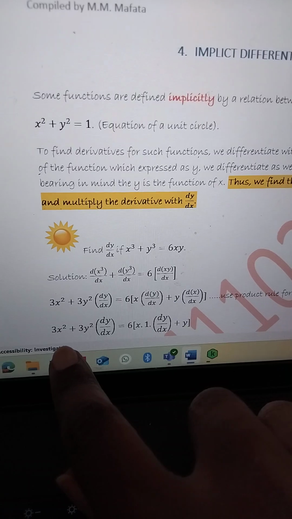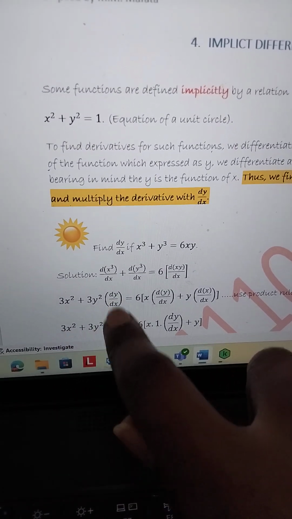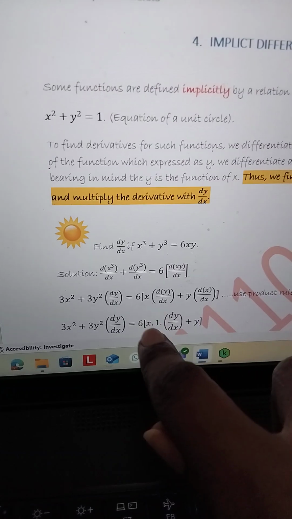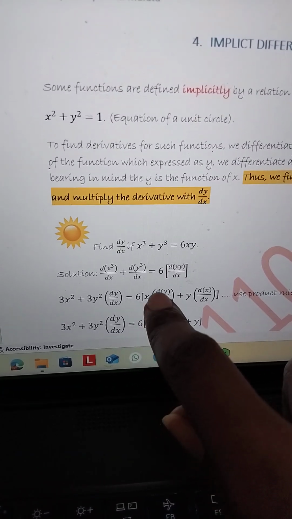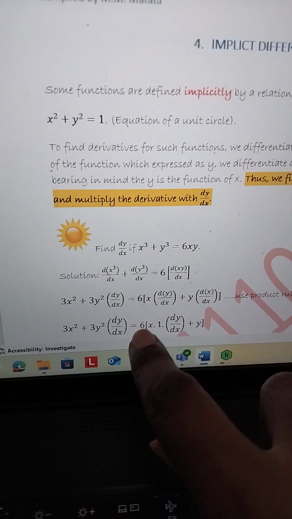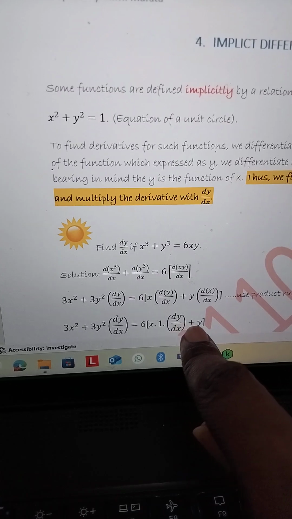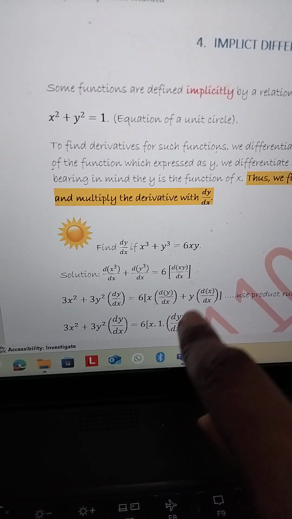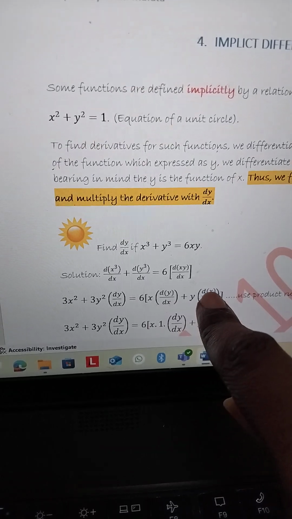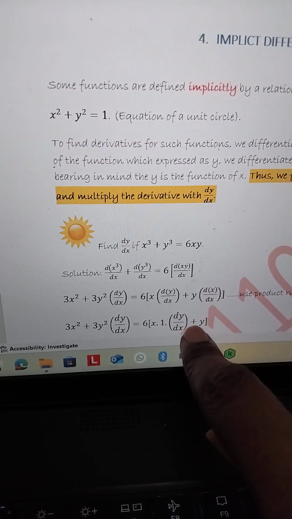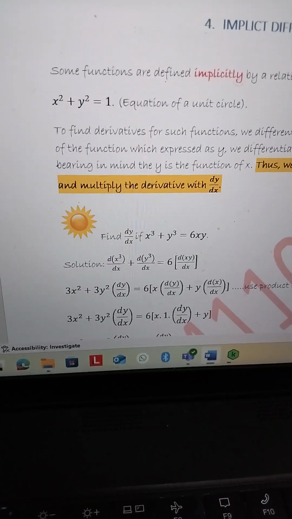And then we have 3x squared plus 3y squared dy/dx, and then 6 times x, the one that we talked about here, 6 times x times 1 dy/dx plus y. Right, because the derivative of x with respect to x is 1, so 1 times y is y.